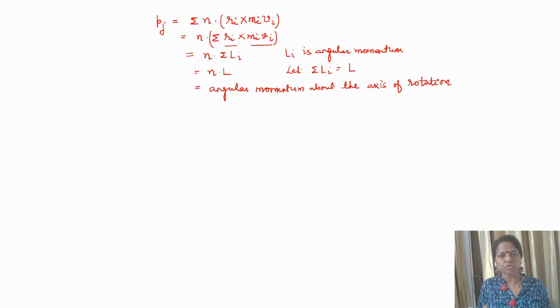Similarly, we come to Qj. Qj was a force, delta Ri delta Qj, right? Now what is delta Ri delta Qj? As we already showed, it is n cross Ri.